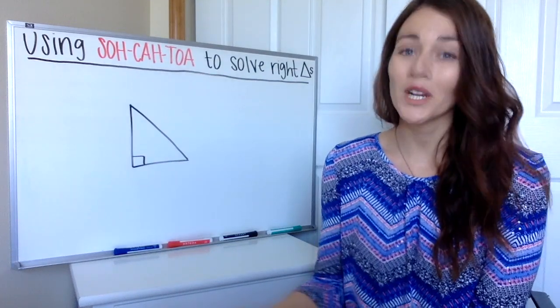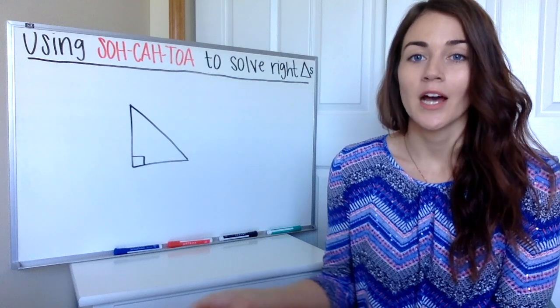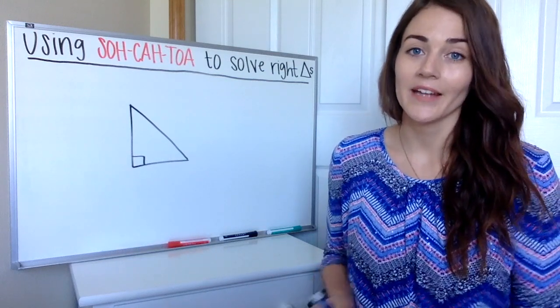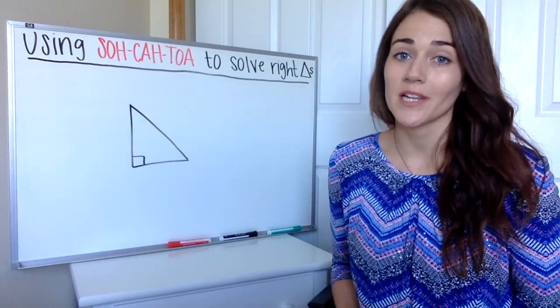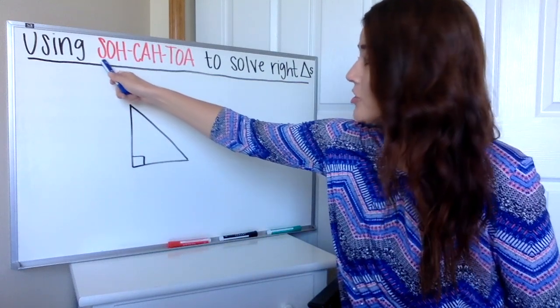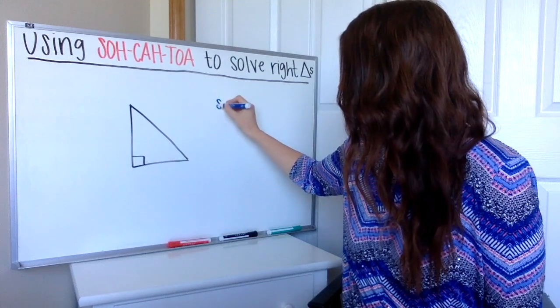So to start, what is Sohcahtoa? Sohcahtoa is a saying that we use to set up our trigonometric ratios. So what I mean by that is, first we have SOH. Each one of these letters is representing some part of your triangle. The first letter is the trig function you're using. So in this case, for SOH, we'd be using our sine function.